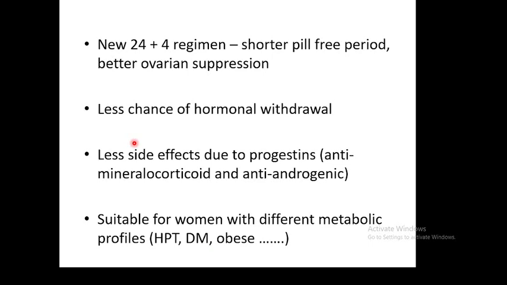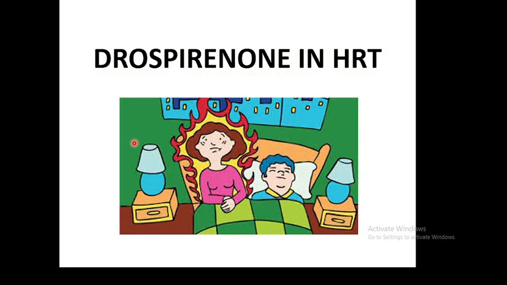The 24/4 regime has a shorter pill-free period, and with better ovarian suppression, less chance of withdrawal bleeding or hormonal withdrawal, less side effects due to the fourth generation progestins, and because of anti-androgenic, anti-mineralocorticoid properties, this is suitable for females with different metabolic profiles like hypertension, diabetes, obesity, especially central obesity, or gynaecological type, android type obesity. What is the place of drospirenone in HRT?